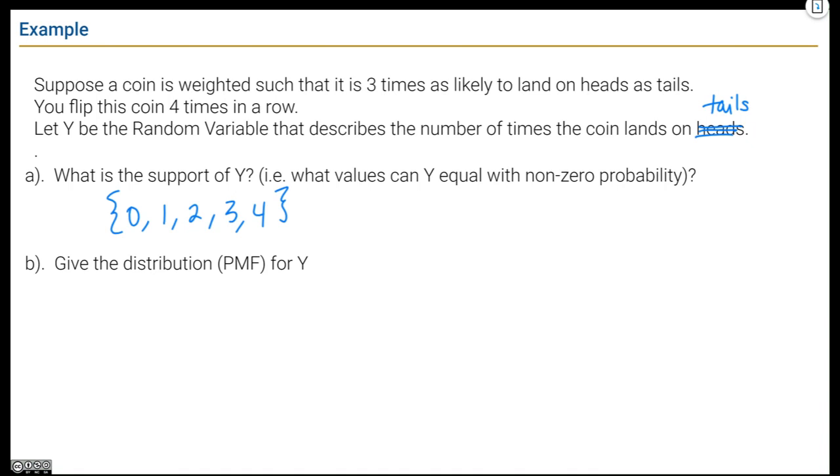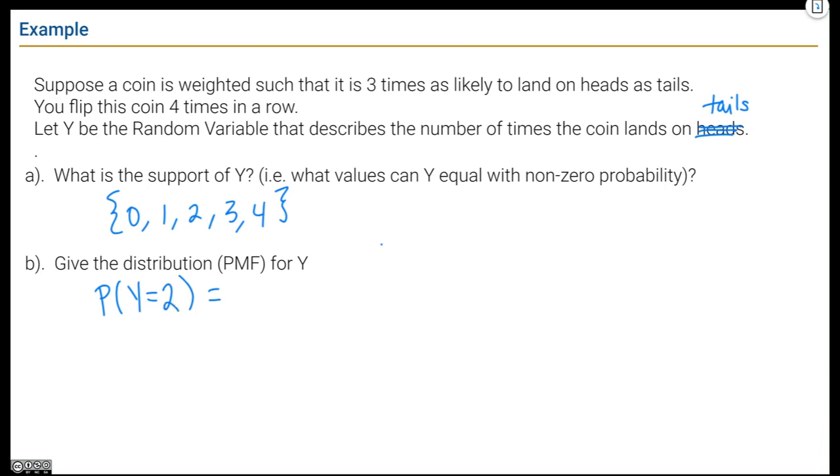I could do a table. I'm going to do that actually on the next page. I'm going to start with one in the middle so you can see something a little bit more subtle. Let's say the probability that Y is exactly equal to 2 tails.